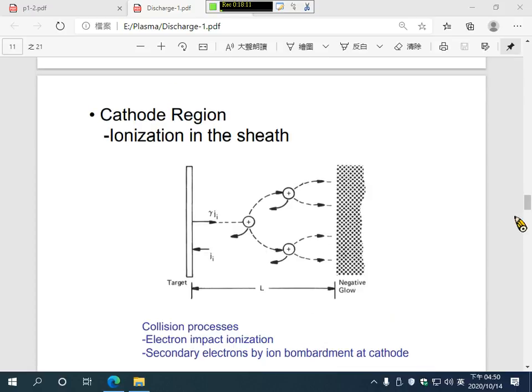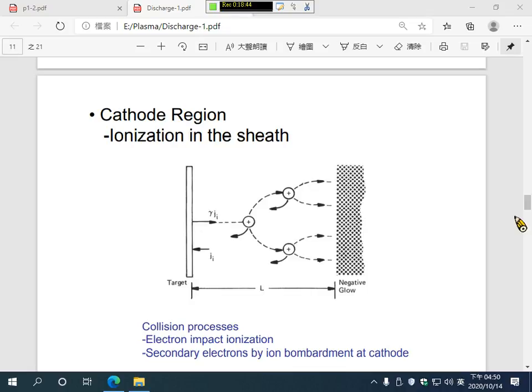If the ion flux is J sub I, then the flux of secondary electrons coming out from the cathode surface equals gamma times J sub I.